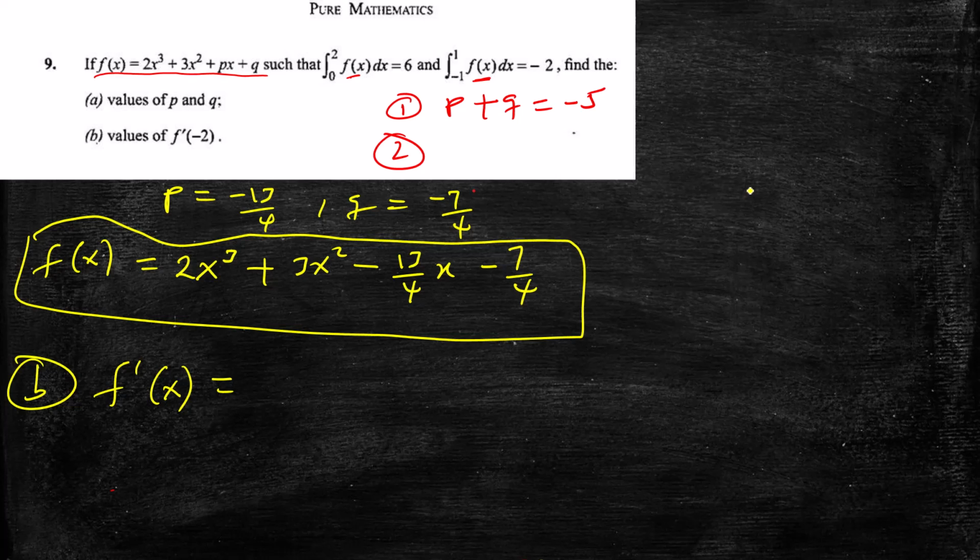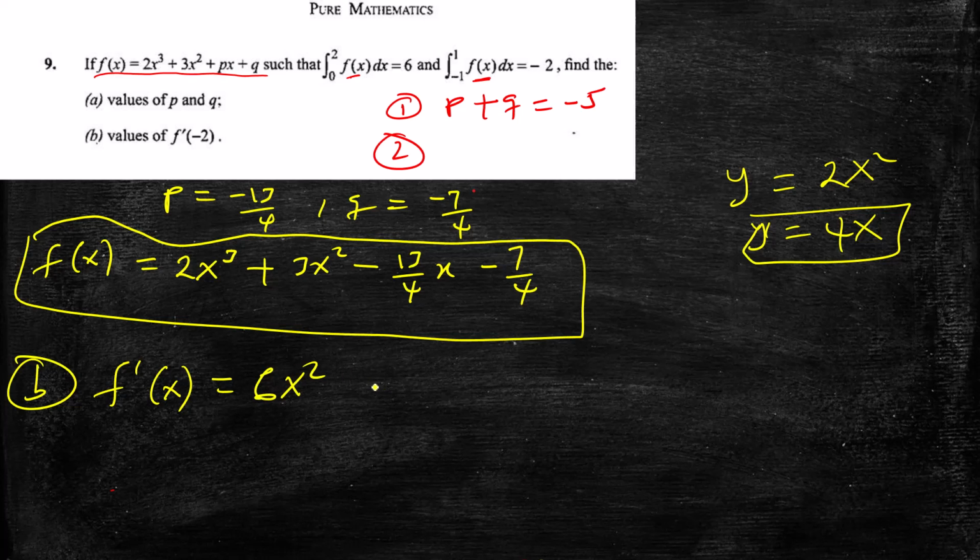If I ask you to differentiate 2x squared, you multiply by the power, then reduce the power by 1, so we get 4x. So f prime of x becomes 6x squared plus 6x, minus 13 over 4, plus 0, since this one is a constant.